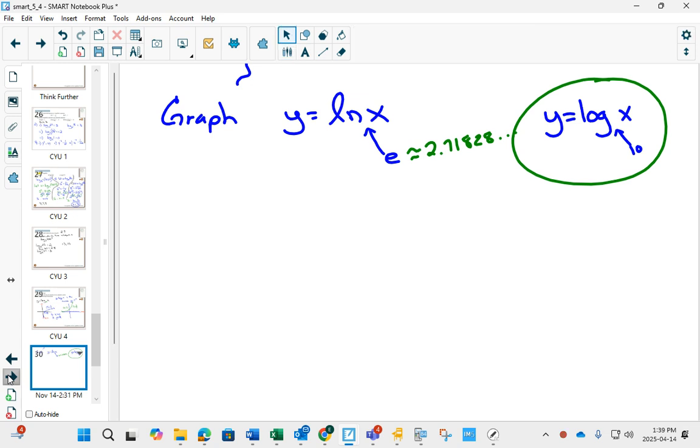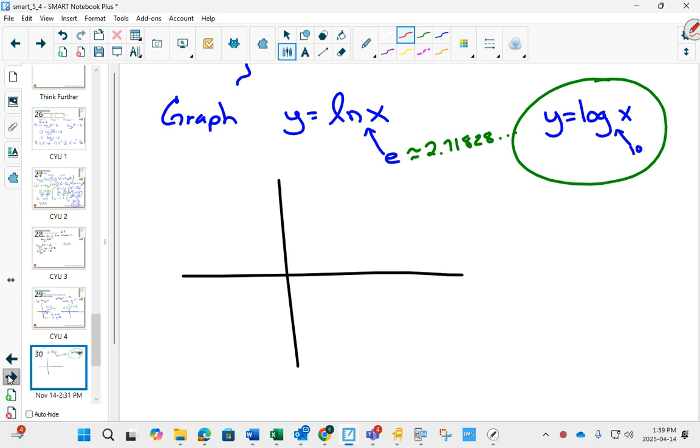So if we were going to graph the natural log of x, well, again, any log graph, we need to know that we have an asymptote here at x equals 0. Every single log graph will go through the point (1, 0).